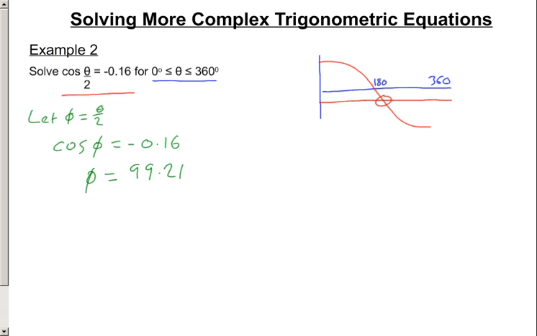We know there's only one solution here, so we don't need to find any more. We know this is the only one we're interested in. So now we go back and we say if phi is equal to theta over 2, then theta is equal to 2 phi, which means that theta is equal to 198.42 degrees.